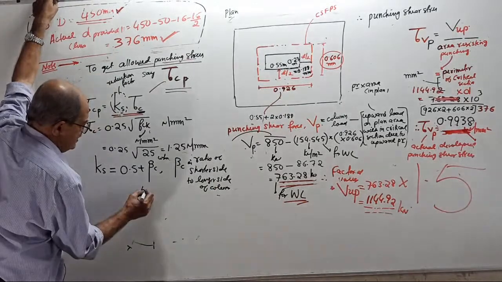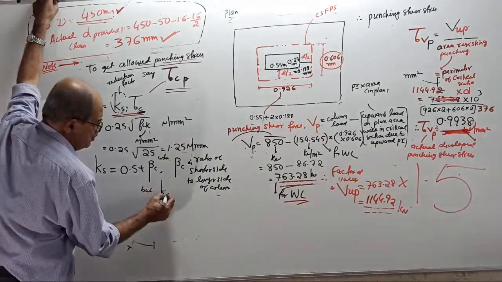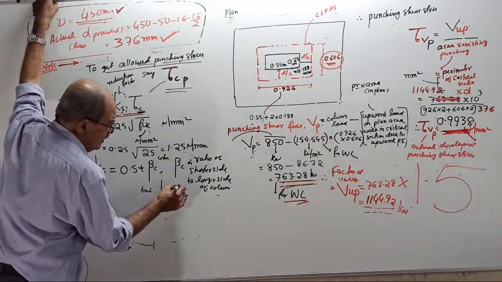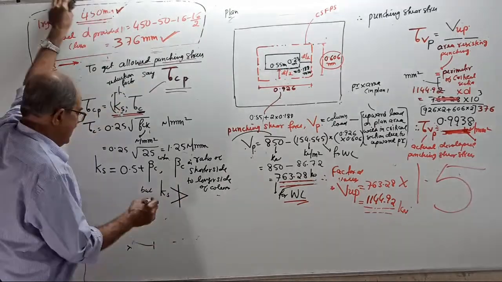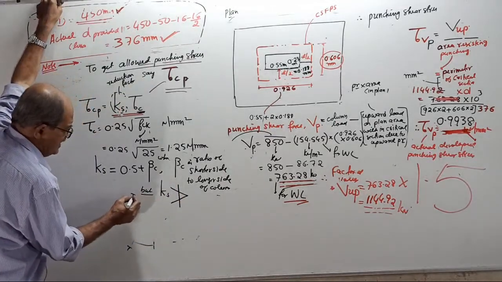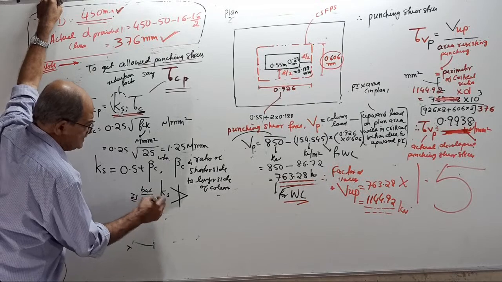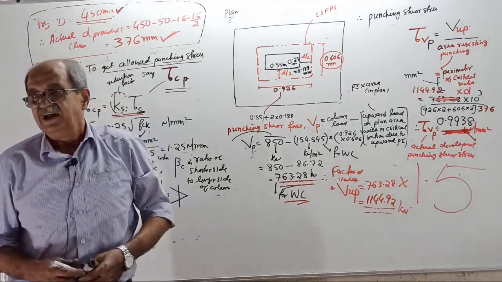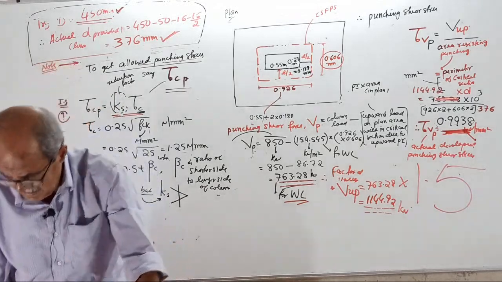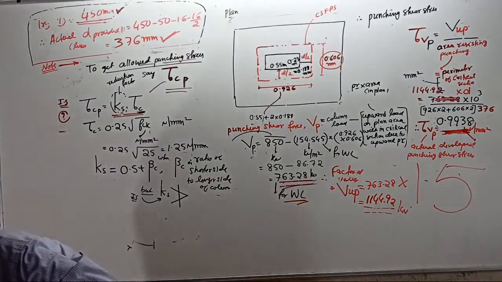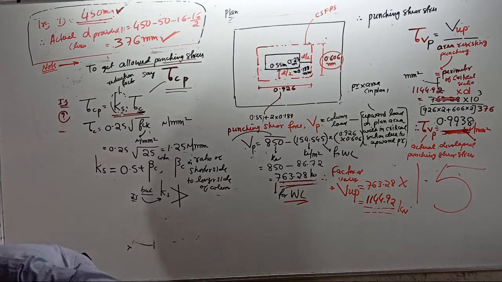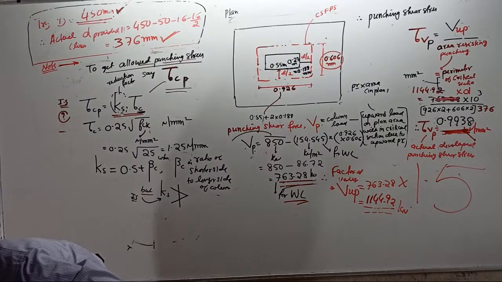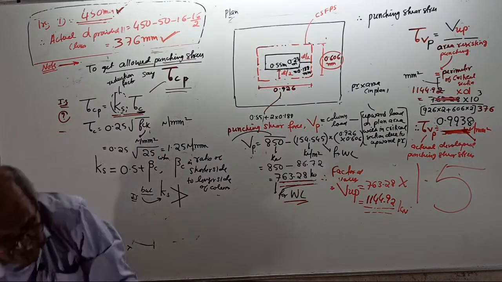But they told Ks value should not be taken more than, how much, tell me again, as per IS code condition. It is a reduction factor. Ks value should not be taken more than 1.